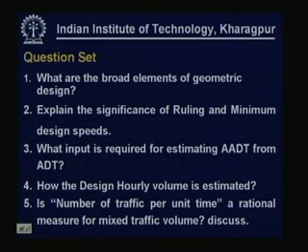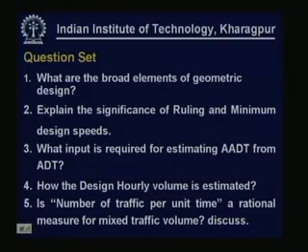Question 2, explain the significance of ruling and minimum design speeds. Whenever design speed is specified, 2 types of speeds or 2 values are available: ruling speed and minimum speed. You can try to explain the significance of that.